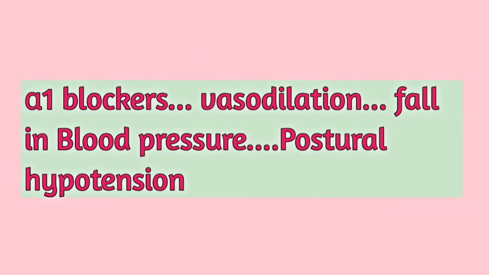As alpha 1 receptors are associated with vasoconstriction, due to the blockage of alpha 1 receptors, there is vasodilation and fall in blood pressure. As a result, postural hypotension can occur with the use of these drugs, which is a major side effect of alpha 1 blockers.